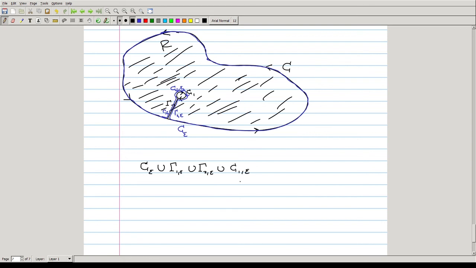This region, right, this is a closed curve surrounding a region R. Not R, but it's a little bit smaller than R, so surrounding a region R epsilon with no holes.